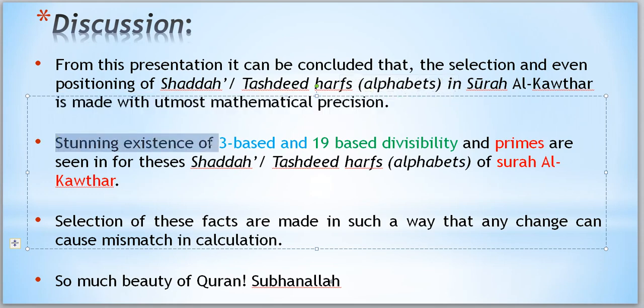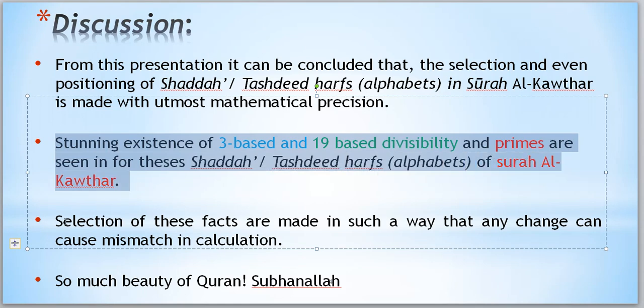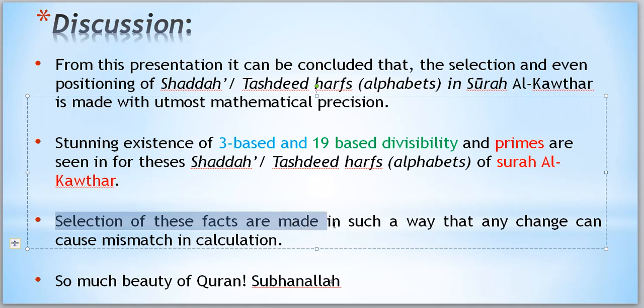Stunning existence of 3-based and 19-based divisibility and primes are seen in these Shadda harfs used in Surah Al-Kawthar. The selection of these facts is made in such a way that any change can cause a mismatch in calculation. Subhanallah, so much beauty in the Quran. Subhanallah, so much beauty in Surah Al-Kawthar.